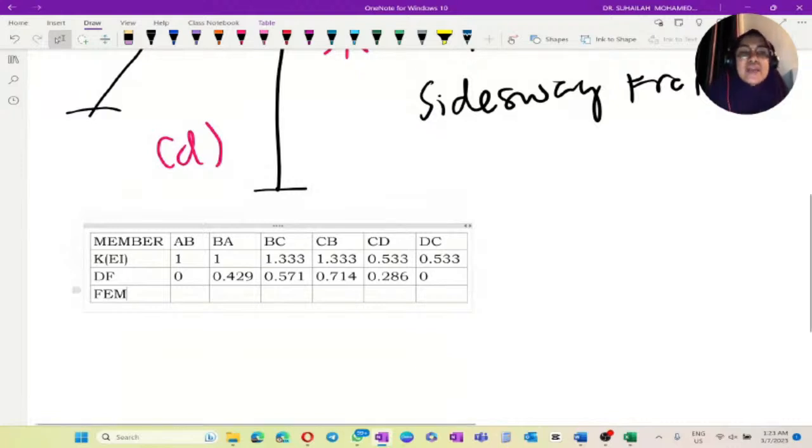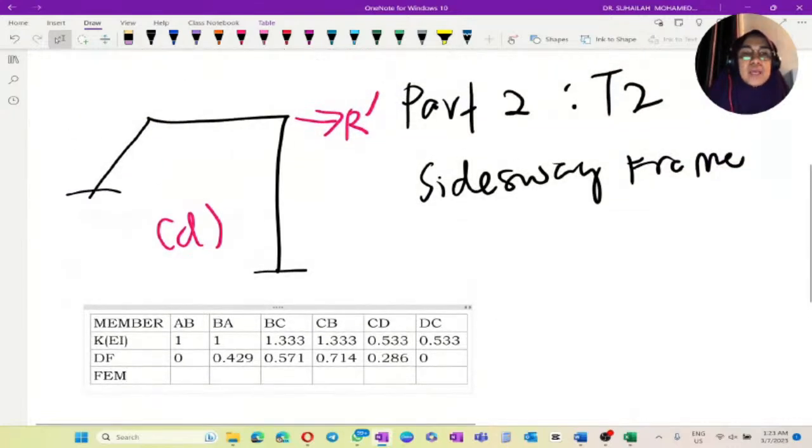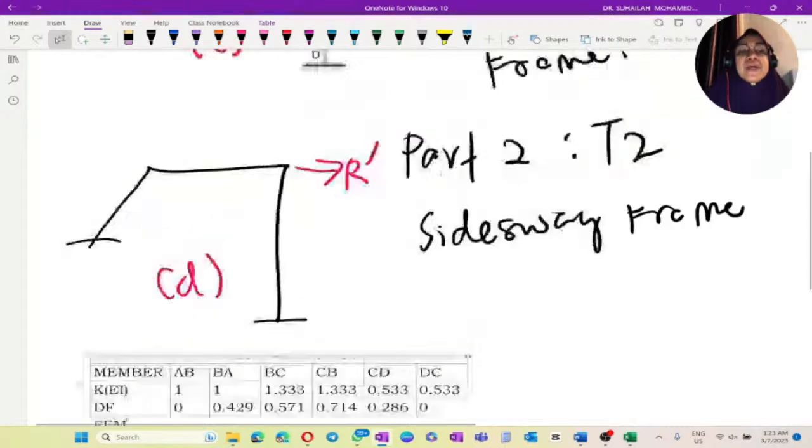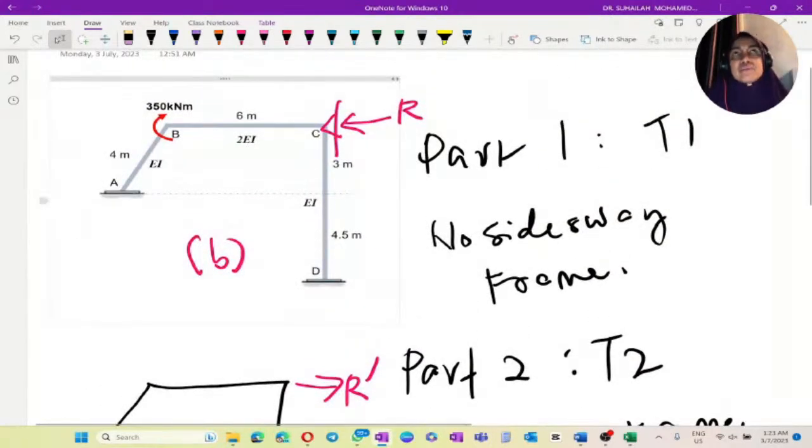So for FEM, actually FEM we calculate based on member load, meaning UDL which is subjected along the member. FEM we can also get from point load subjected at the center of the member, and from point load at anywhere on the member except at joint position.